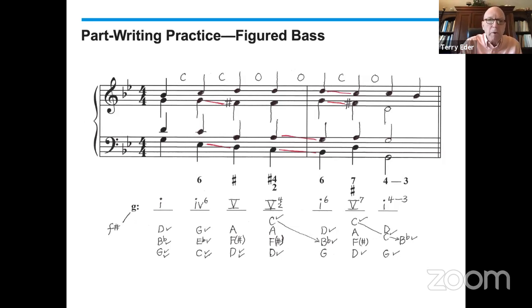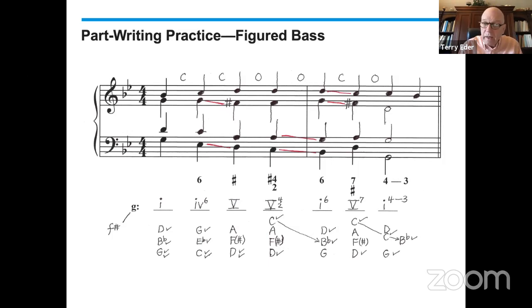So, for example, from the second to the third beat, the soprano is going in contrary motion to the alto, tenor, and bass. But the alto, tenor, and bass are all moving the same direction. The tenor is moving by a third, but the alto and bass are moving by a second.